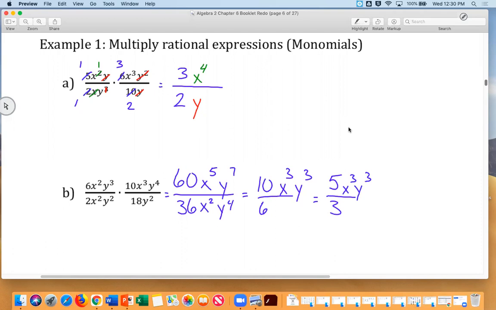I'm okay with either way of doing this. I just know where this is going, and I try to give you a warning. So this is fine for monomials. Multiplying it out, I like to cancel as I go along, either or.